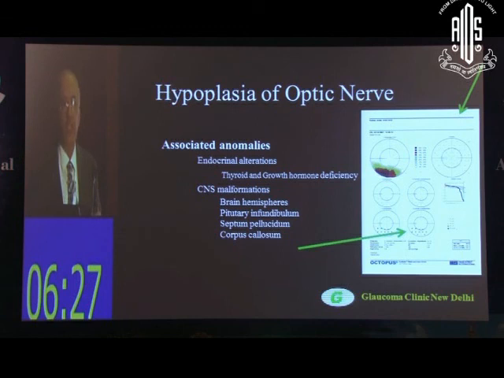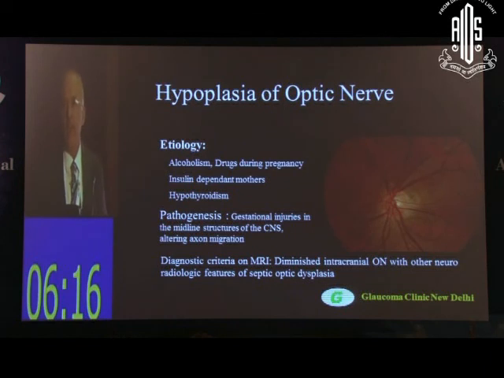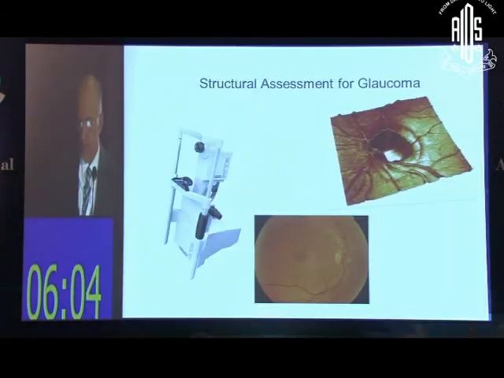Typically these changes will be non-progressive in nature, and you will have no other risk factor to think in terms of glaucoma. Seen in mothers who are pregnant, alcoholism, drug dependence, and thyroid disorders. The diagnostic criteria here would be the intracranial part of the optic nerve and other features suggestive of septo-optic dysplasia.